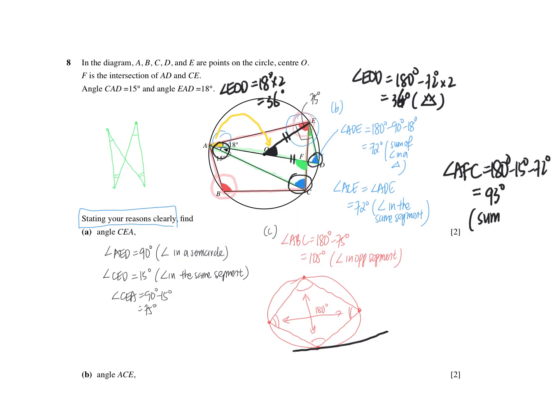Sum of angles in a triangle. Then these two angles, can you see this triangle? I'm just subtracting the other two, the 15 and the 72. This one is 72, this one is 15. Okay, so this one is D, right? And this is E.